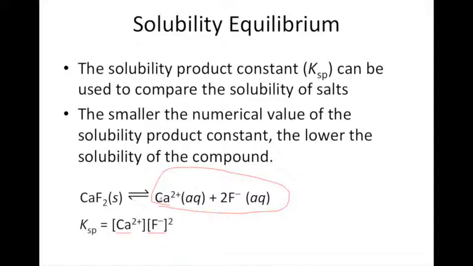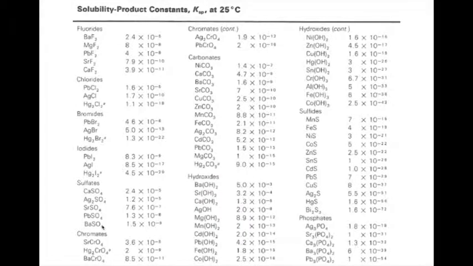If these values are very small when a compound is dissolved in water, then our KSP will be very small, indicating that it's not very soluble. So KSP values give us some idea of the solubility of various ionic compounds. You can see here is a fairly large table of a lot of different KSP values for different compounds.